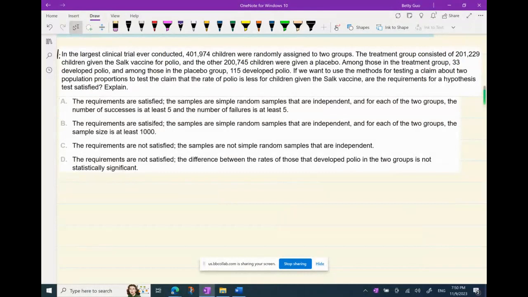In the largest clinical trial ever conducted, 401,974 children were randomly assigned to 2 groups. One is the treatment group, the other group is called the control group.